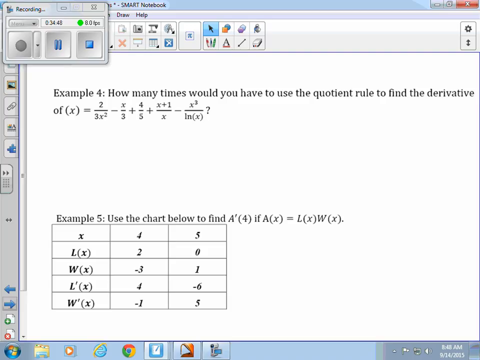How many times would you have to use the quotient rule? So what do you think? How many times would you have to use the quotient rule?